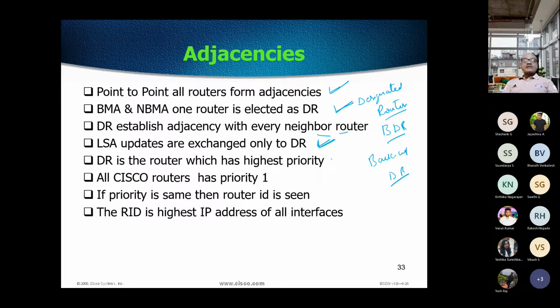So the DR is a router which has the highest priority. The highest priority will become your team lead. All Cisco routers have priority 1 by default. That is for Cisco routers, not for Cisco switches.